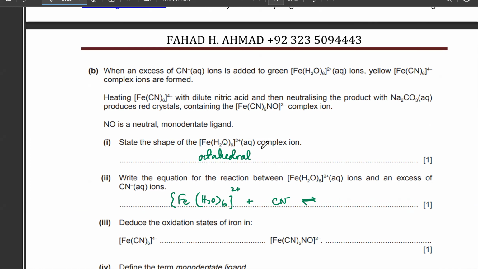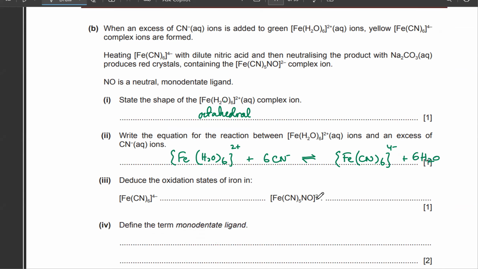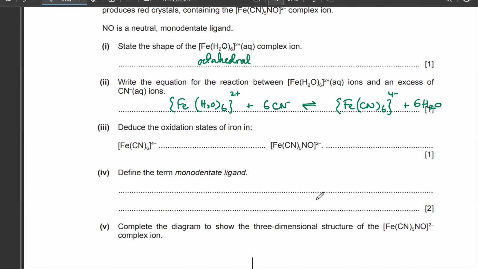So what would be formed? They've written the equation, they've told you what the answer is. It's Fe with CN6, and the six water molecules get knocked out. And then he's asking us to deduce the oxidation state of Fe over here.